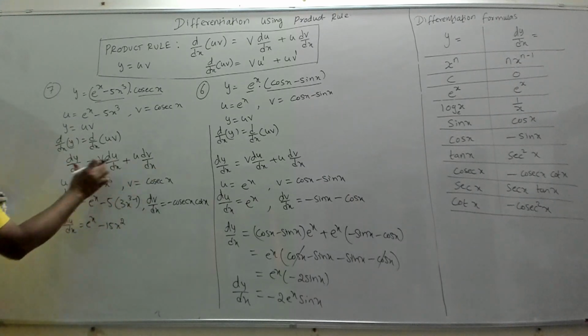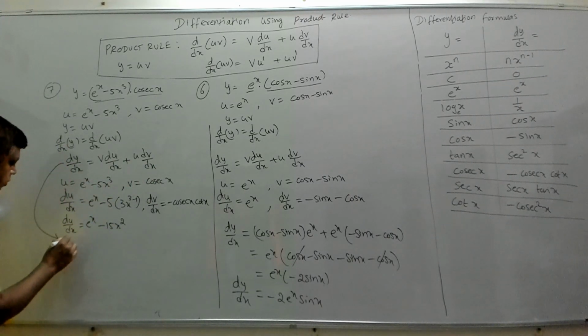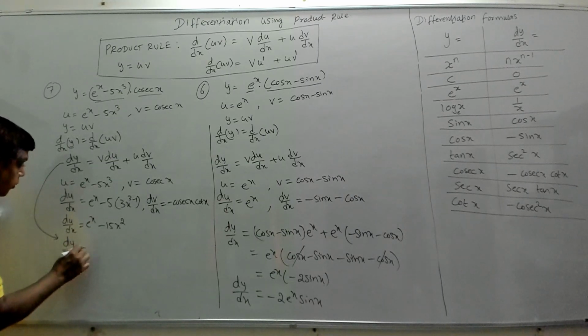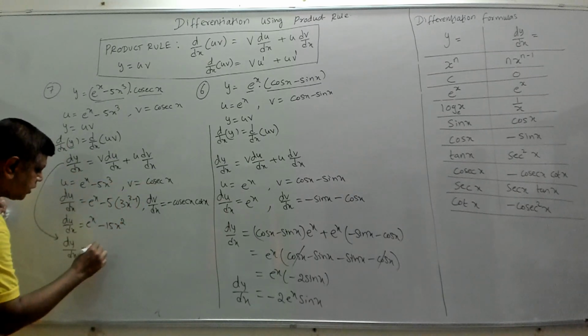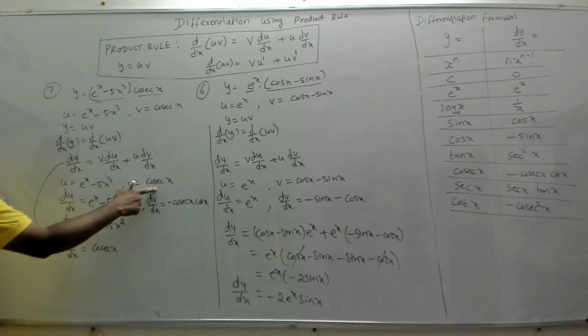Let's substitute in this formula. So our dy by dx is equal to v is cosecant x, v into du by dx.